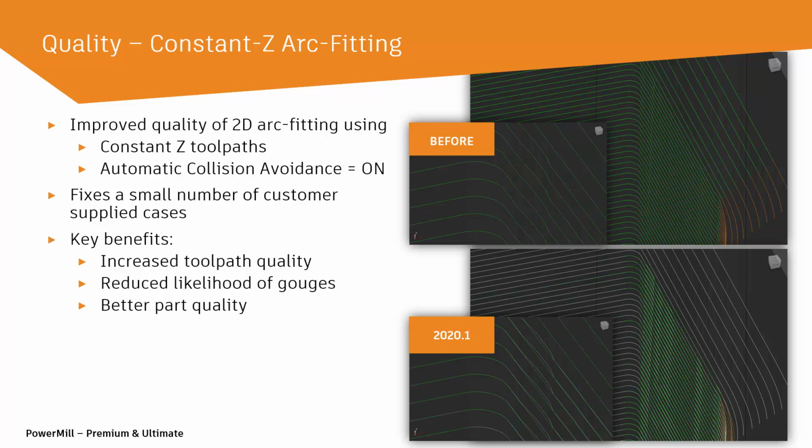So we can see that we're tilting the tool correctly, so the automatic collision avoidance is working as expected, but it's doing so without producing toolpaths that include these small gouges. The key benefits there are obvious. We're improving the quality of the toolpath, we're reducing the likelihood of these gouges appearing on the part. That's going to produce a better quality component.